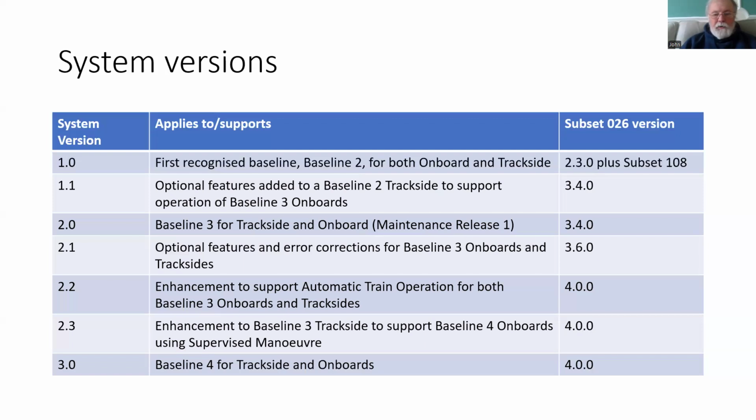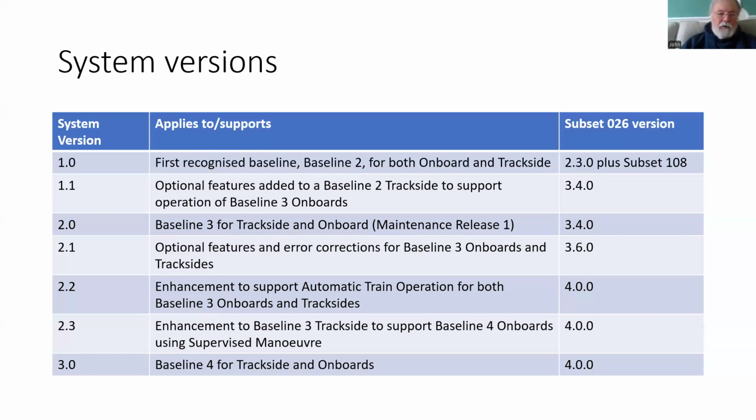System version 2.3 is an enhancement to the baseline 3 trackside to support other baseline 4 functionality, including supervised maneuver. So this is very similar to 1.1, where baseline 2 had extra packets and messages in order to support baseline 3 operation. Here we have the ability for a baseline 3 trackside to support baseline 4 onboards.